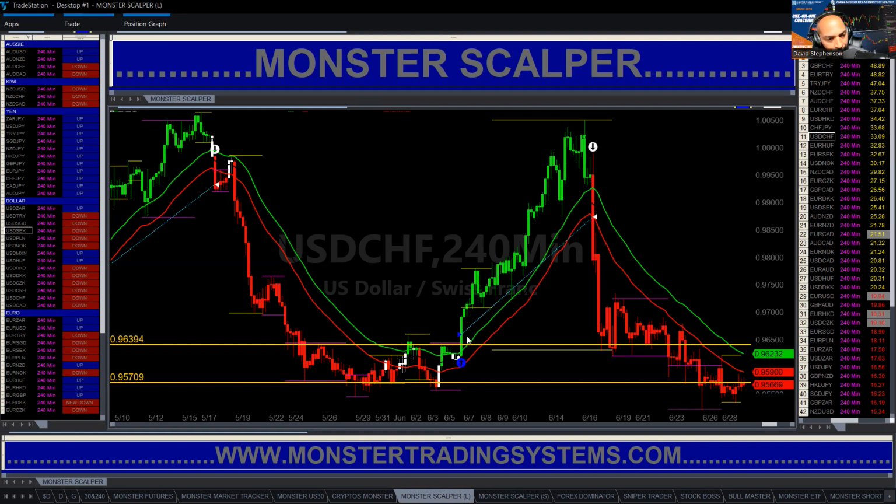So the size of this candle right here is very, very different. And it's a solid candle. From open to close, there was a lot of buying. There was no retracement, no pullback in this candle here.